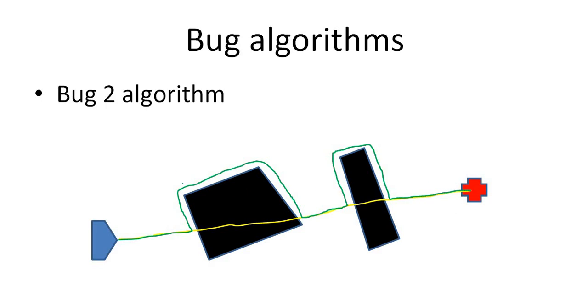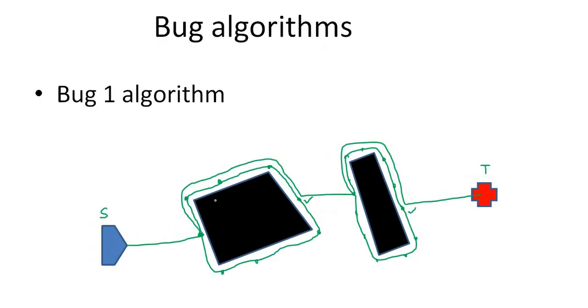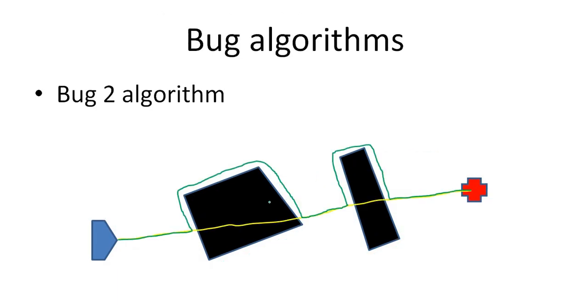You see that this algorithm is much more efficient compared to the BUG1 algorithm, because it doesn't have these unnecessary rotations around the obstacle, which waste time and energy both, and the path is also shorter. So yeah, it is more efficient than the BUG1 algorithm.